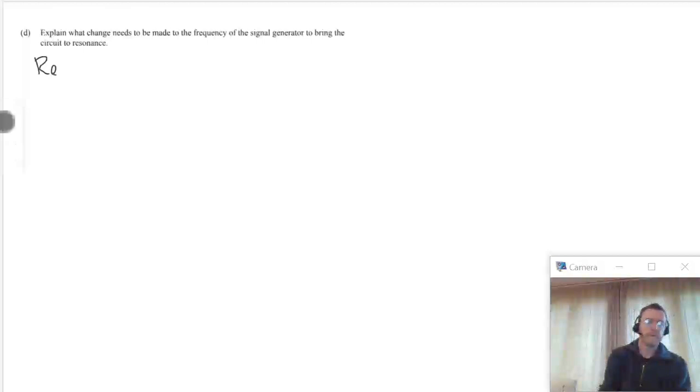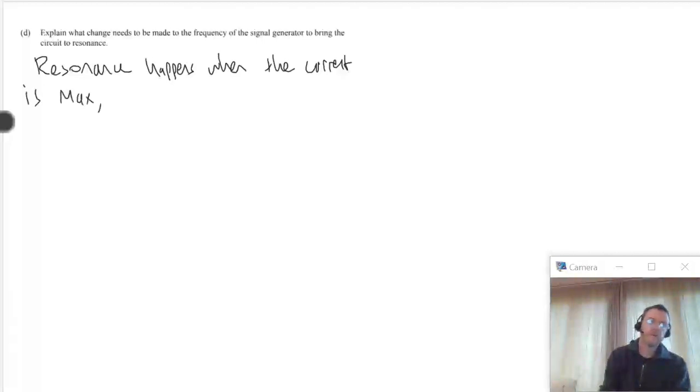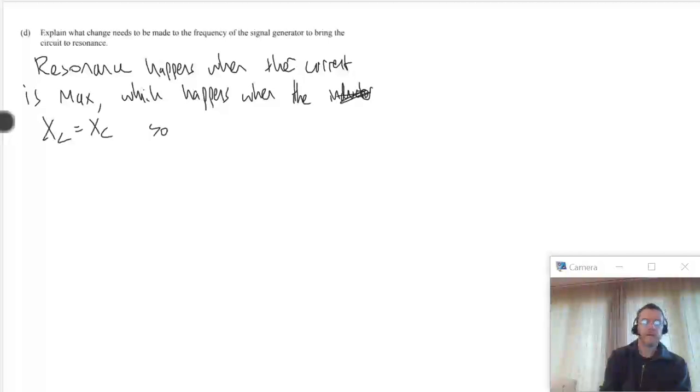So let's make a statement to start with. Resonance happens when the current is max, which happens when the inductor, well, let's actually just write this way, XL equals XC, so that XL minus XC equals 0.